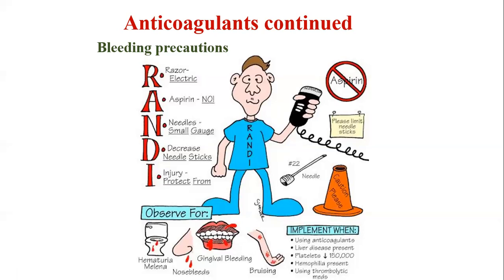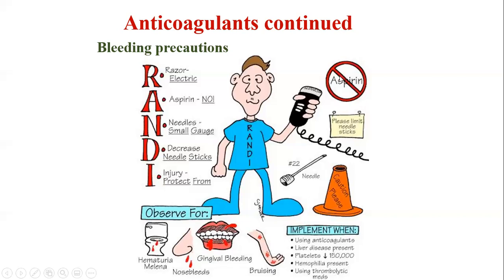And also, when you observe signs like hematuria or melena. Blood mixed with urine is hematuria. Blood mixed with stool is melena. Sometimes gum bleeding or gingival bleeding, nosebleed, or bruising here.